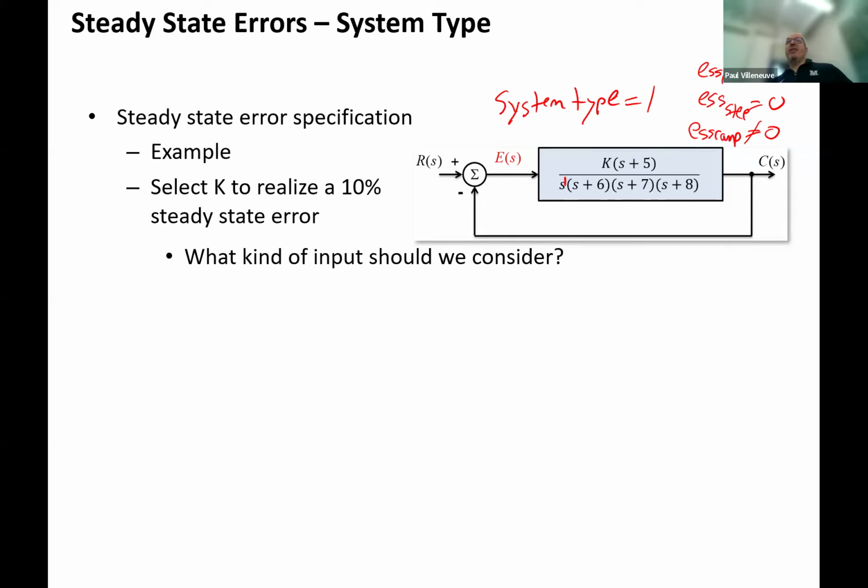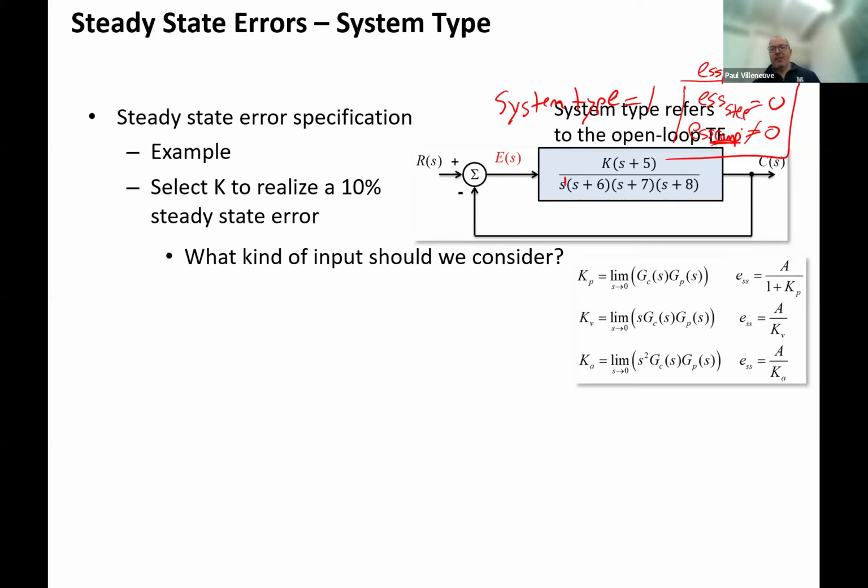So there's nothing we can do to this system to make sure that we have 10% or less error unless we limit the inputs to step and ramp. We don't have to check anything for the step because we know it's 0, so that's always going to be less than 10%. So the type of input we should consider is a ramp input. Okay, makes sense?